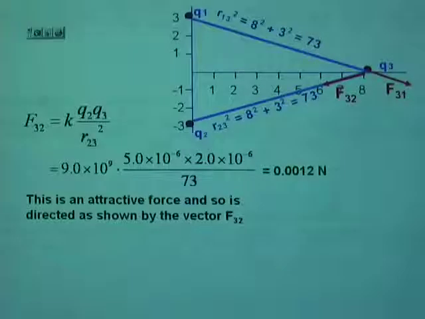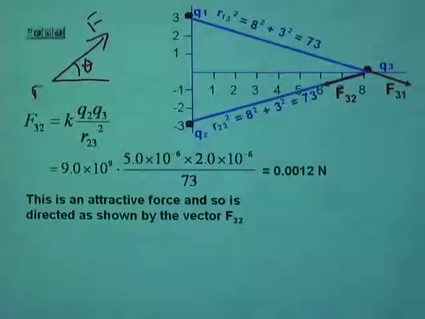If you have a vector like this that makes an angle theta with the x-axis, if this is the vector F, then its component form will be F cos theta i plus F sine theta j.